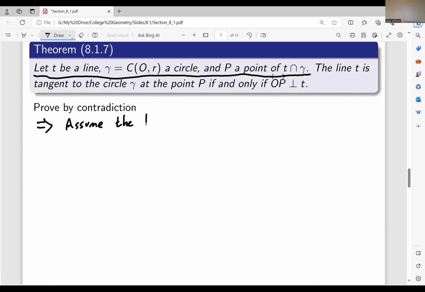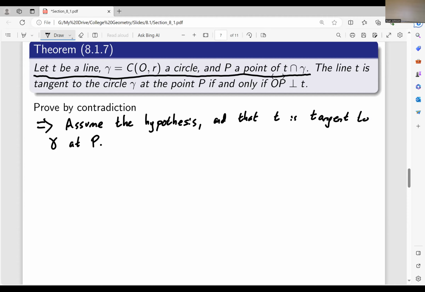Assume that T is tangent to gamma at P. All right. So we need to show that OP is perpendicular to T.